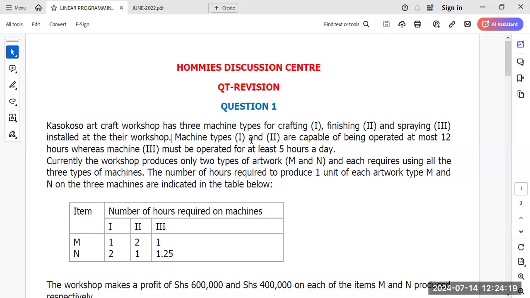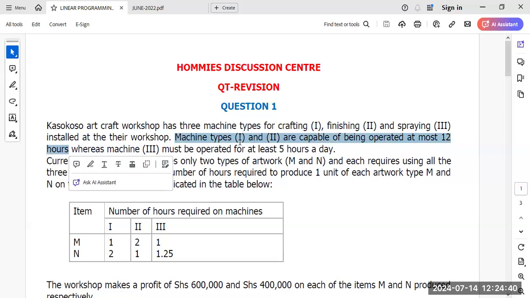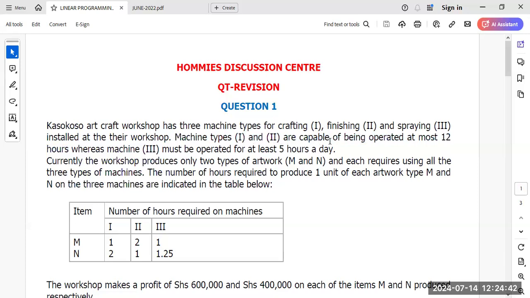Machine types 1 and 2 are capable of being operated at most 12 hours. What comes into your mind, colleagues? At this point, what comes into your mind by reading this statement? Machine types 1 and 2 are capable of being operated at most 12 hours. What comes into your mind?